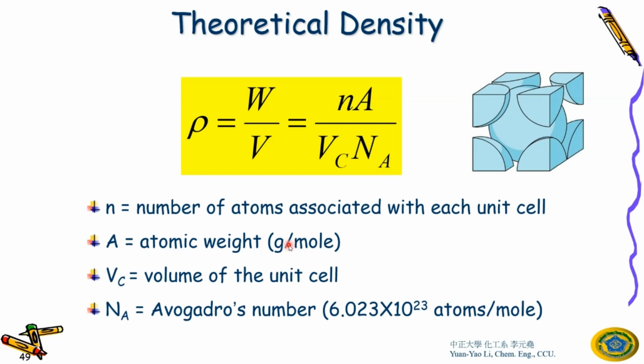We know this from first year. And then if you know how many grams per atom, and you know how many atoms are in this unit cell, you know the weight of the atoms in this unit cell.